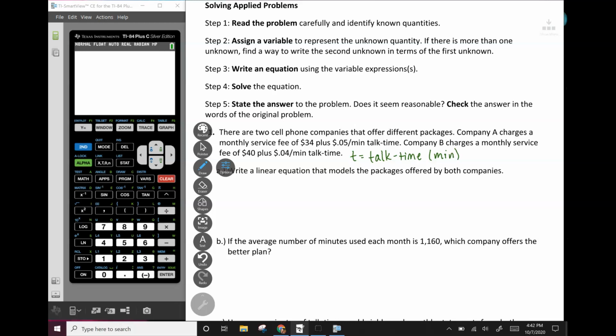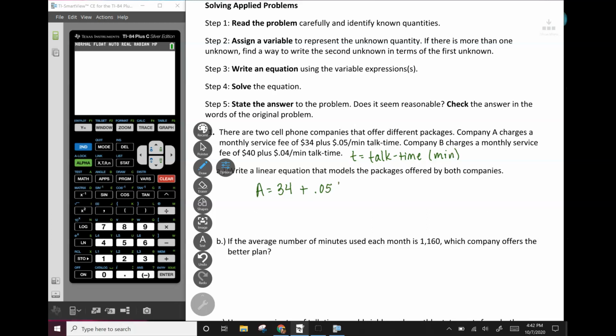Okay, so write a linear equation that models the packages offered by both companies. Okay, so Company A, they charge a monthly service fee of $34 plus they charge another 5 cents, so 0.05 per minute of talk time.